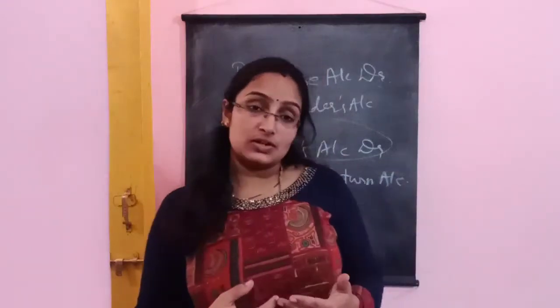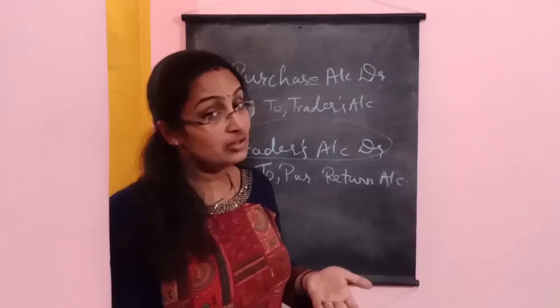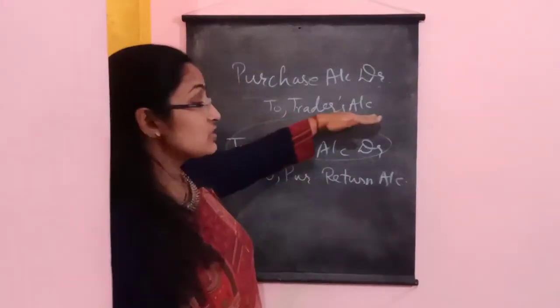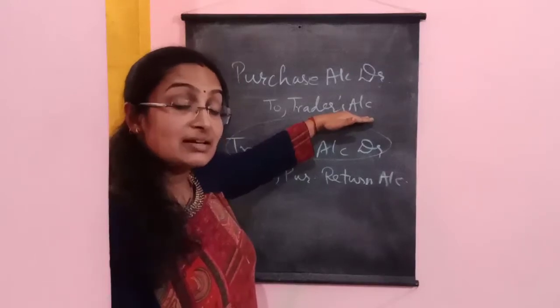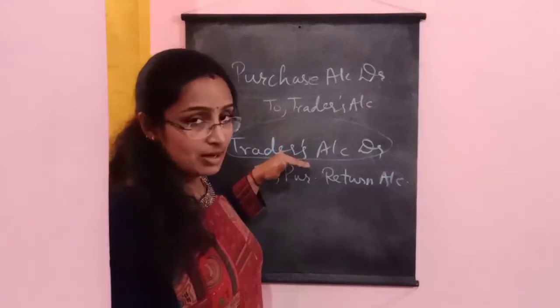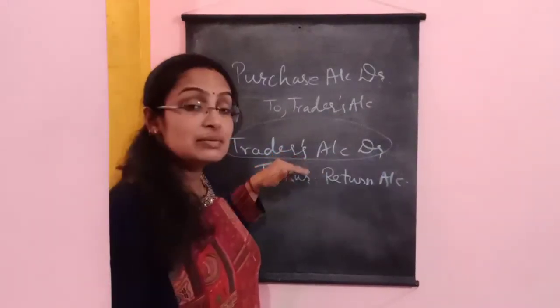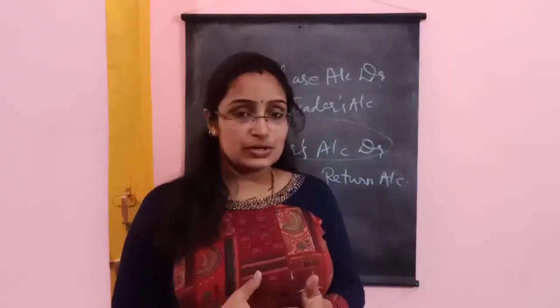We have purchased the goods earlier and now we are returning them to the trader. First we credited the trader's account as we had to pay him, but now as we have returned the goods, we have debited his account. As his account is debited, we first send a debit note to the trader.